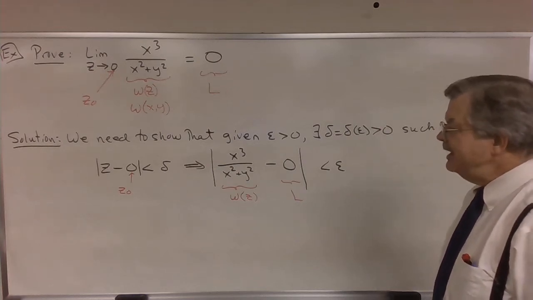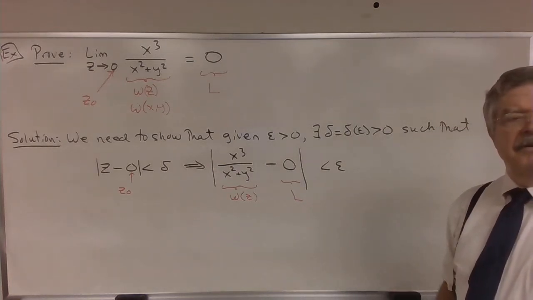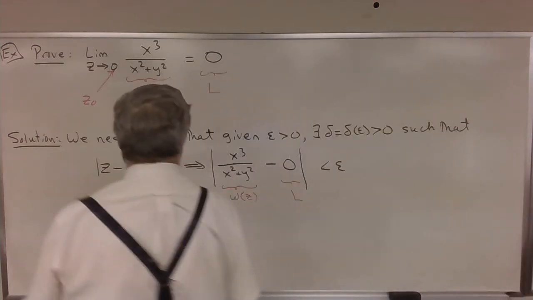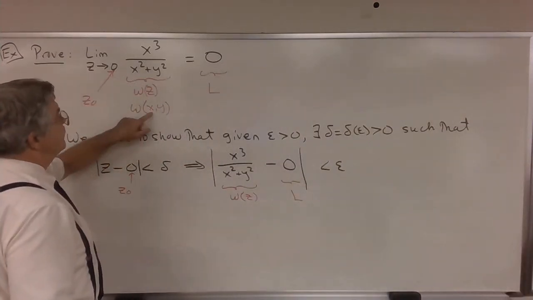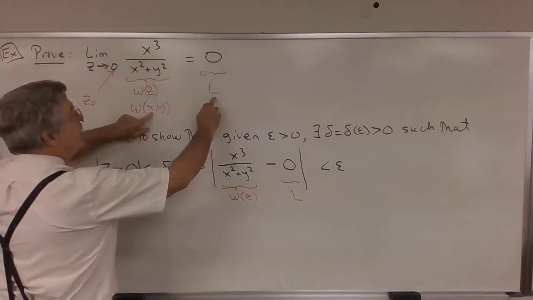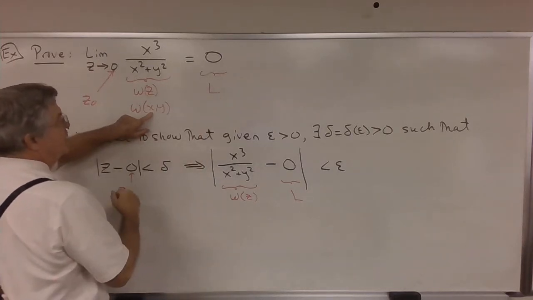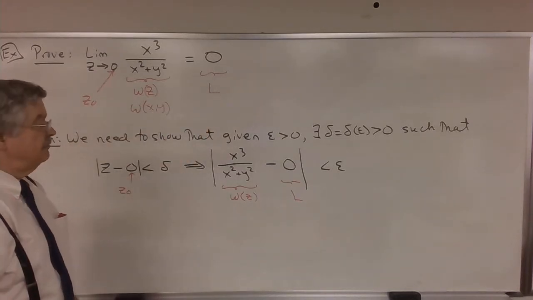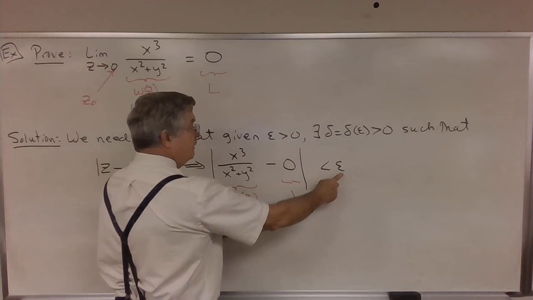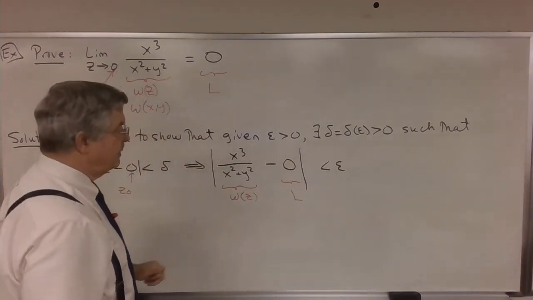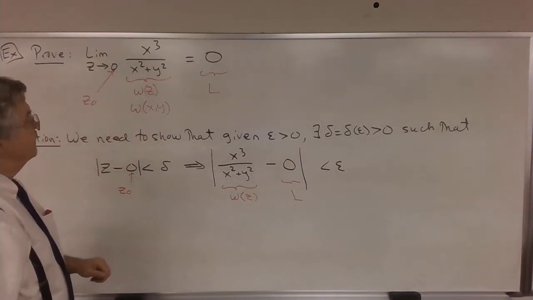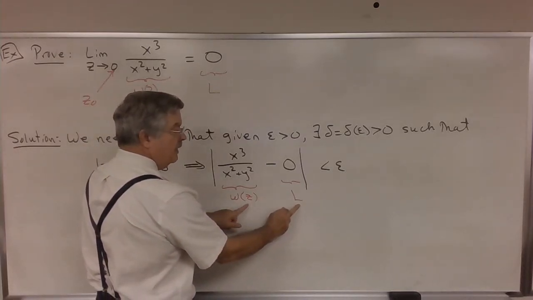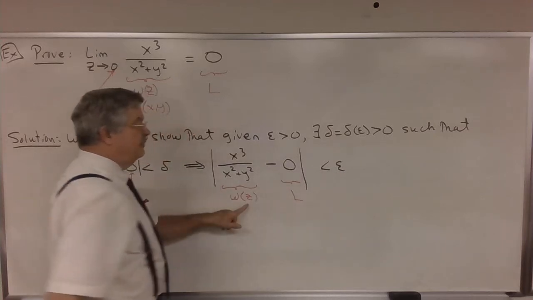In plain speak, what we're trying to show is that we can get w and L as close as we want. We can get w as close to L as we want. How close? Less than epsilon units apart. So we can get w and our limit as close together as we want, less than epsilon units apart.